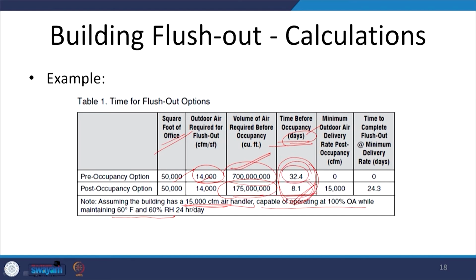Approximately 8.1 days, about 8 days, before occupancy, and the complete flush out would require an additional 24 days for the minimum delivery.